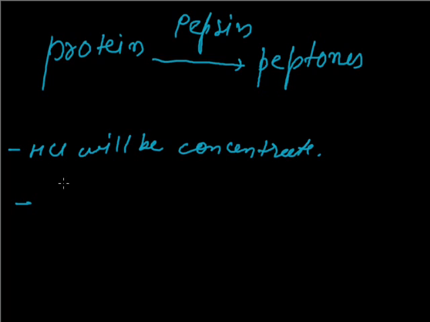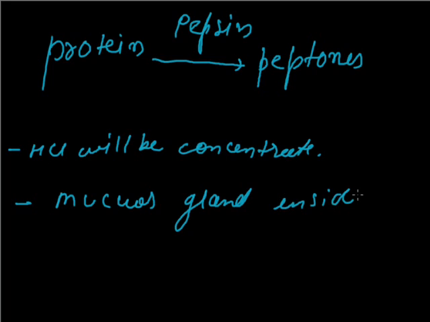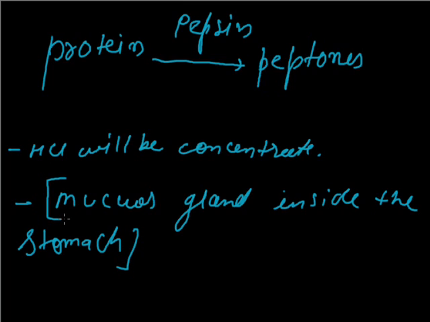So we have a gland which is known as the mucus gland. There is a lining of mucus gland inside the stomach, which is helpful in preventing the stomach from burning with the HCl.